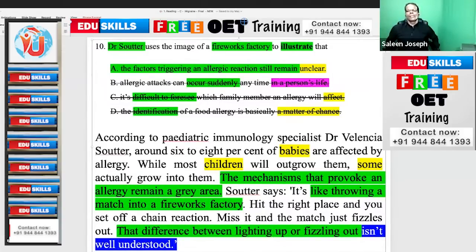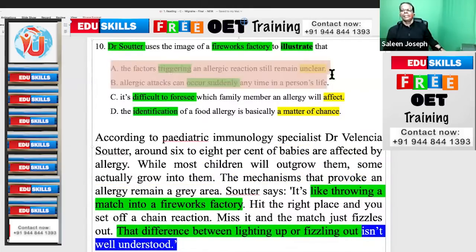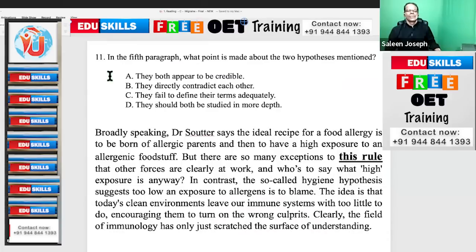The mechanisms that provoke means the triggering factors. Synonymous expression. An allergy remain a gray area means remain unclear. So first option is the correct option. Hope that is clear.